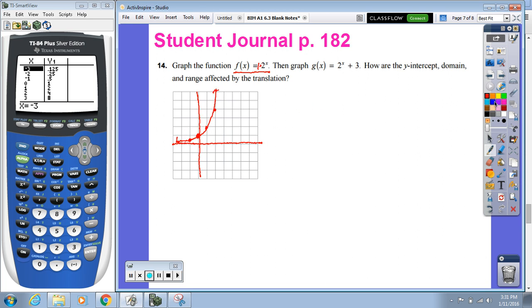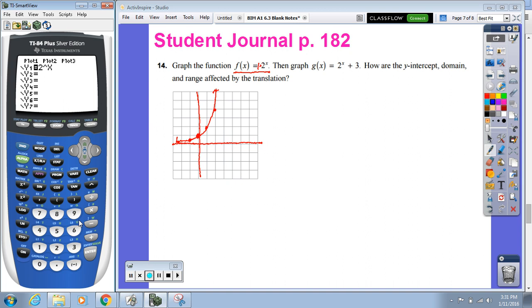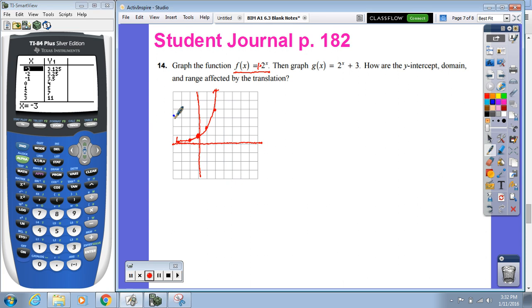Now on this one, I'm going to go ahead and do 2 to the x plus 3. And so if I go and I graph it, I'm going to have 2 to the x, and then I'm going to do plus 3. All right, if we take a look at that on the table, what it looks like here is we have at -3, it's at 3.125, so roughly there.